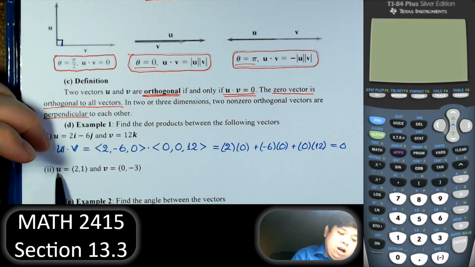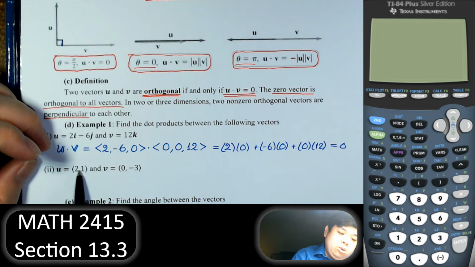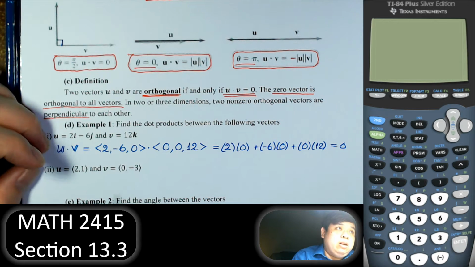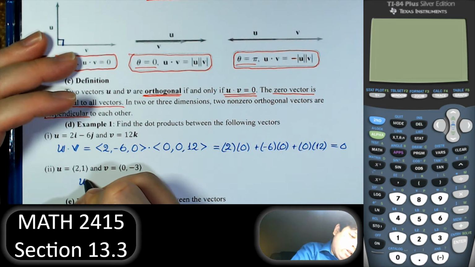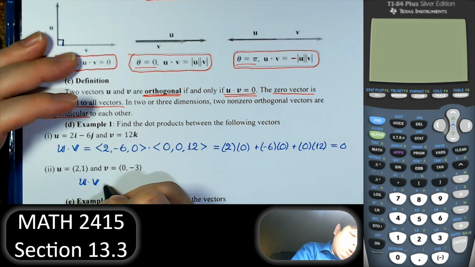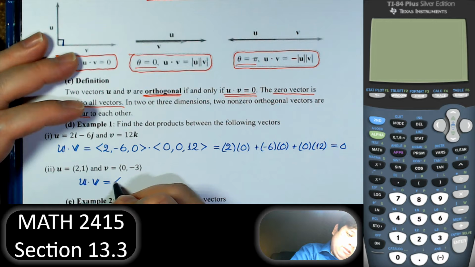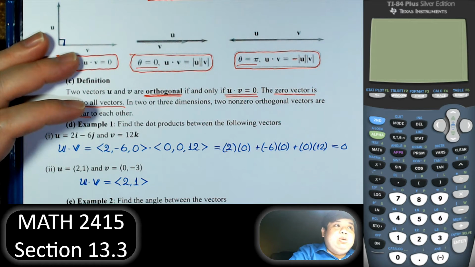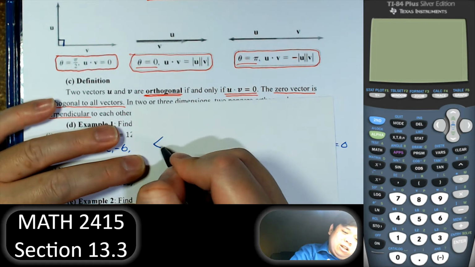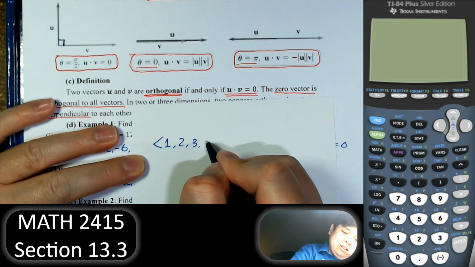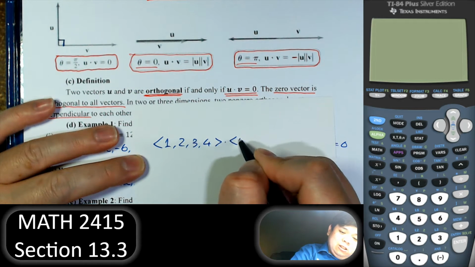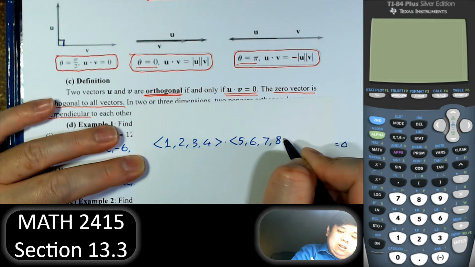Right, u is 2 and 1, and v is 0 and negative 3, so that's straightforward. So the dot product works for 2 or 3 dimensions, or even higher. If we have to do the dot product in 4 dimensions, it still works.